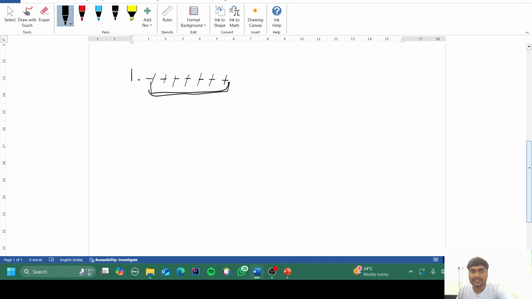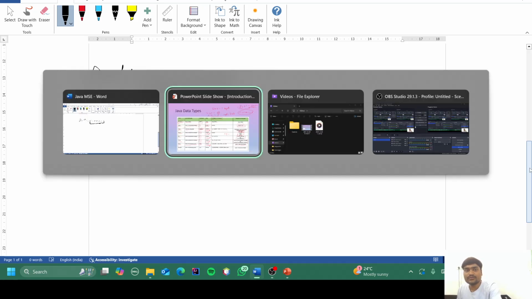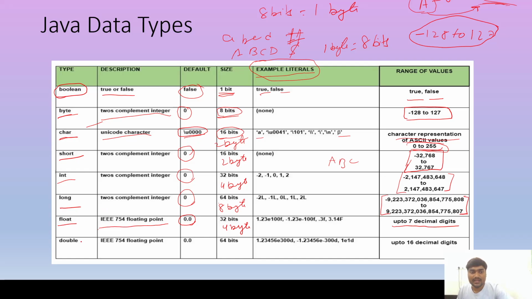But if we want to store more than that, we have to use double. Double is again 0.0, it is of 8 bytes, the size increases, and it's up to 16 decimal digits.